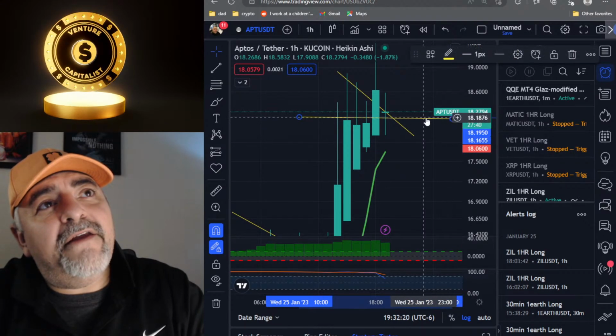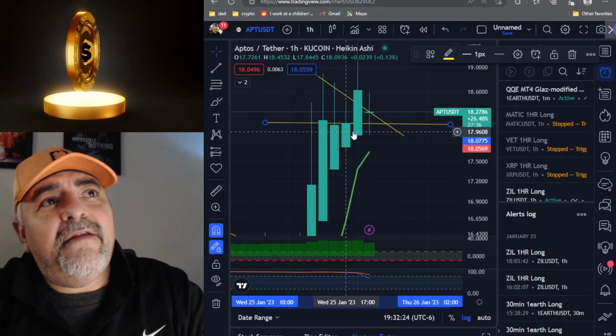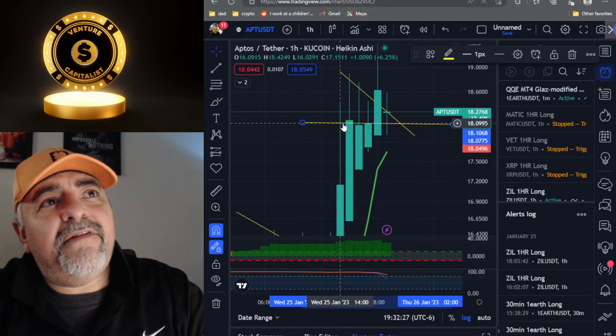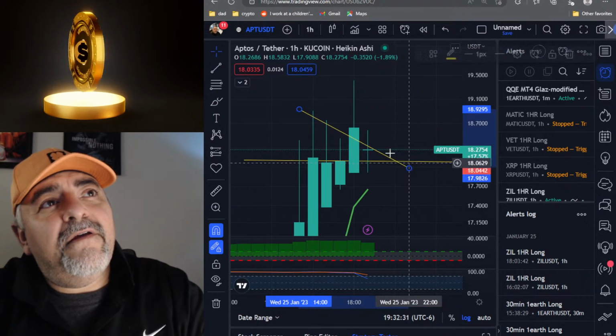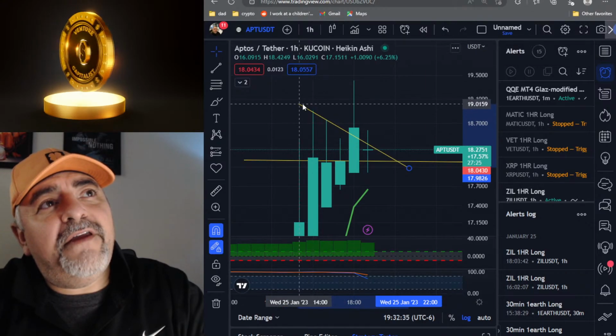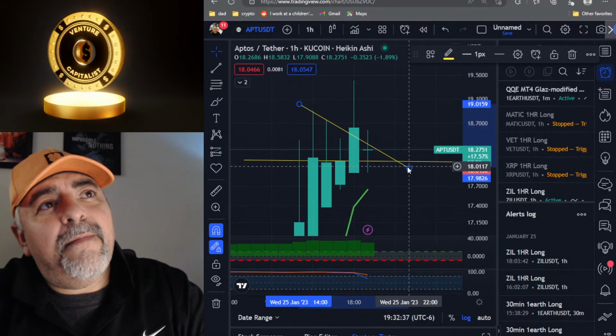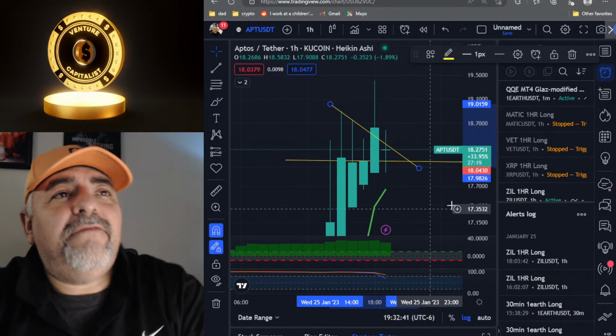And we can say right here that we're probably going to be consolidating off of this area right here. This is about the middle zone for this. And then we're going to take the top of these wicks and see where we're pushed off here. And that right there would be the flag that we're looking for here.